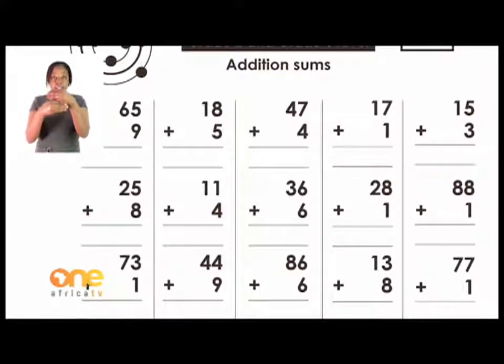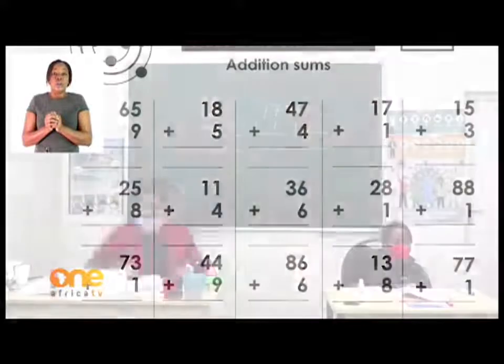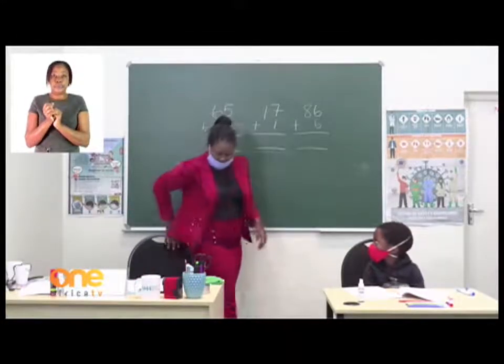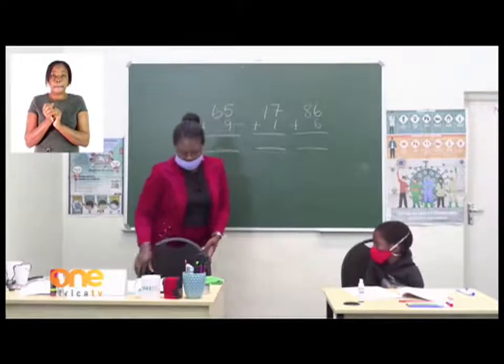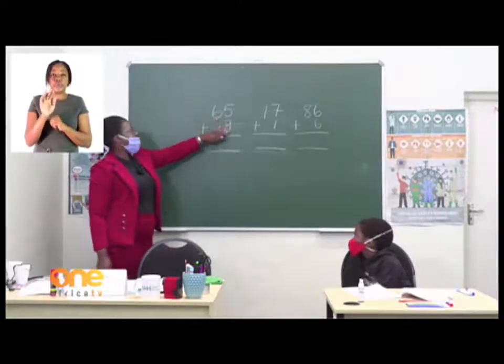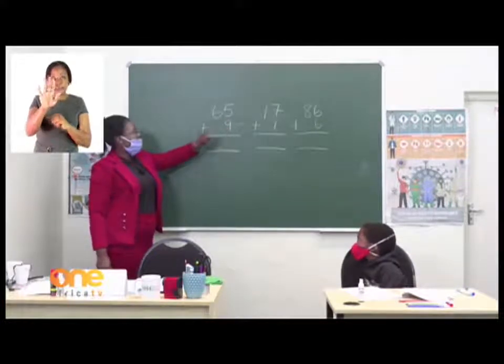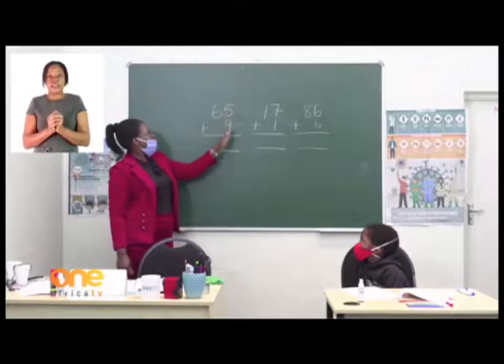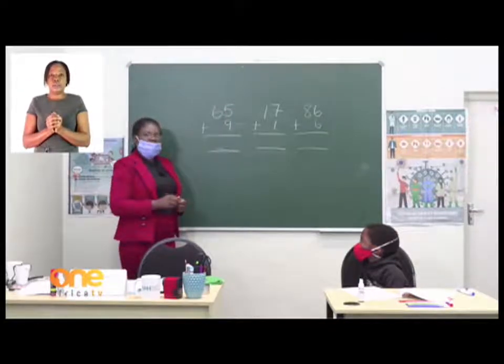All right, okay, let me give you the first one. We do it together. The first one, let's go to the chalkboard and do the first one together. That is 65 plus 9. Okay, now when you add your 5 plus a 9, what do you get?